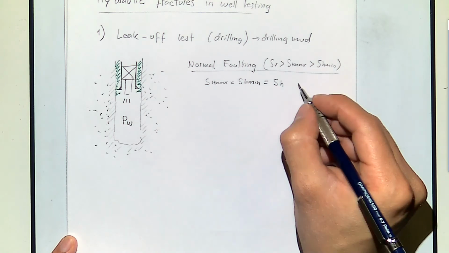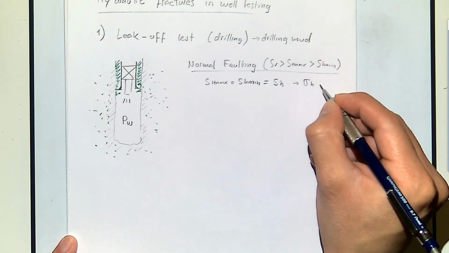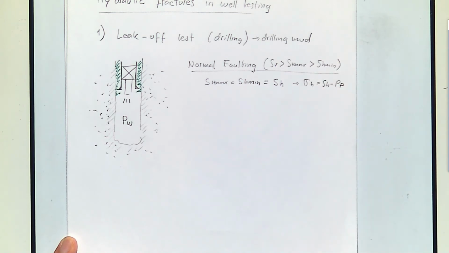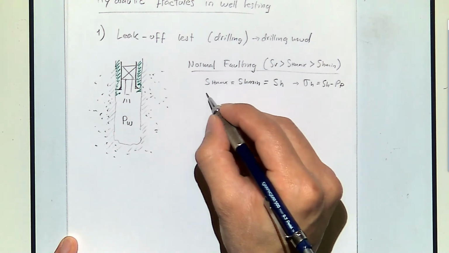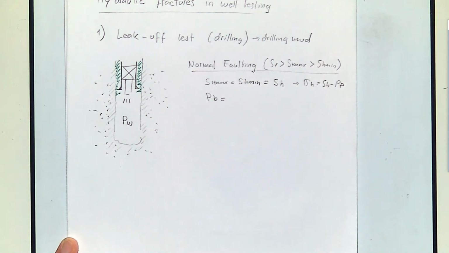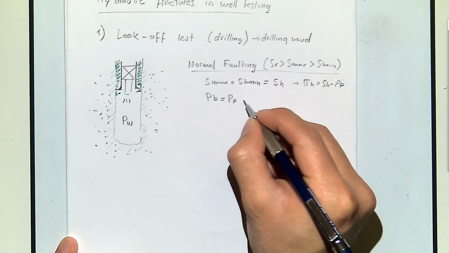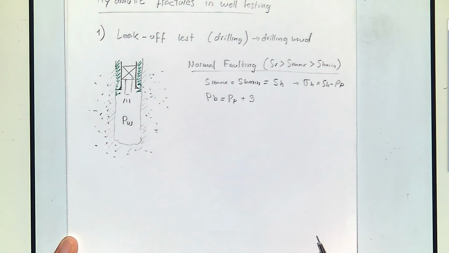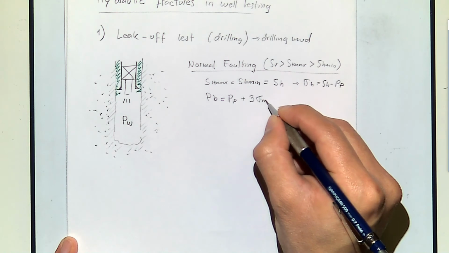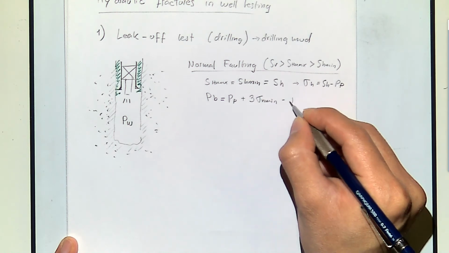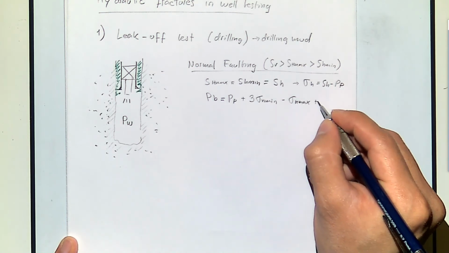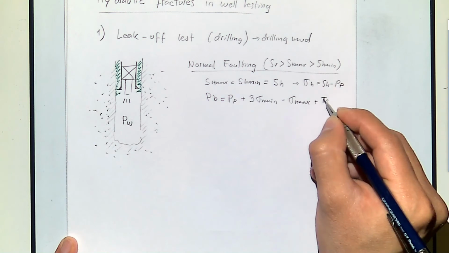And if I subtract pore pressure, it's going to be sigma H. If you remember the equations for breakdown pressure, the breakdown pressure was equal to the pore pressure plus 3 times the minimum effective horizontal stress minus the maximum effective horizontal stress plus the tensile strength of the rock.